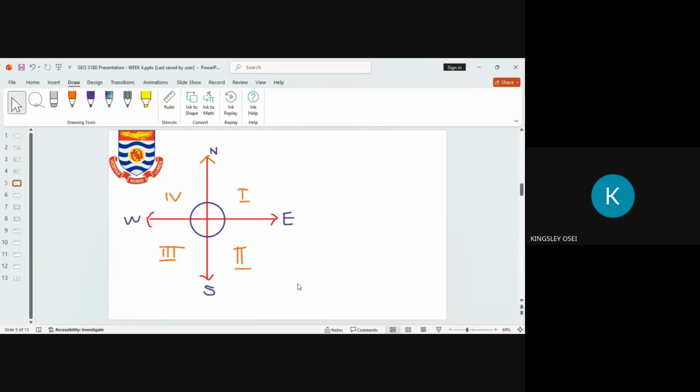Okay. So let's start with the first one. Suppose you have a line called AB, and we say it has a whole circle bearing of 89 degrees, and you want to find the corresponding quadrantal bearing.